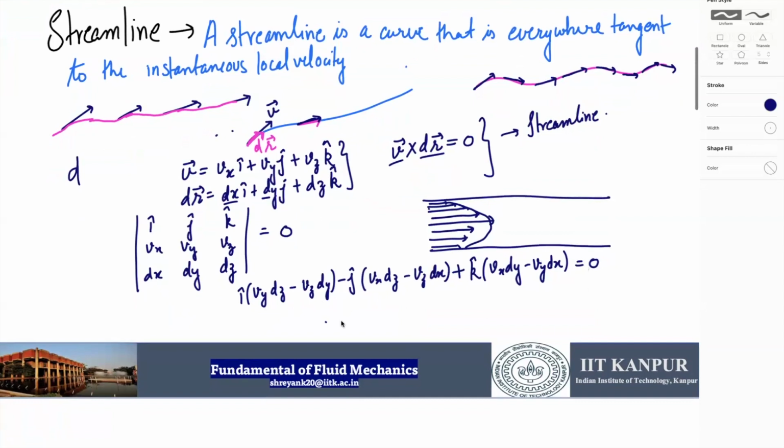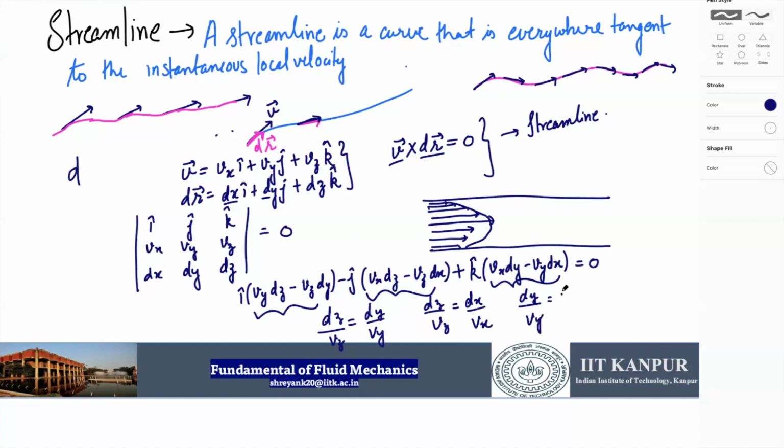So to have this equation be 0, we want the individual components in all these directions to be equal to 0, which means Vy dz is equal to Vz dy, so dz by Vz is equal to dy by Vy. From here we can get dz by Vz is equal to dx by Vx, and dy by Vy is equal to dx by Vx.